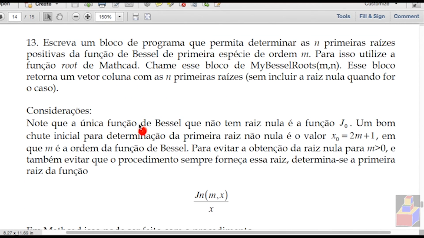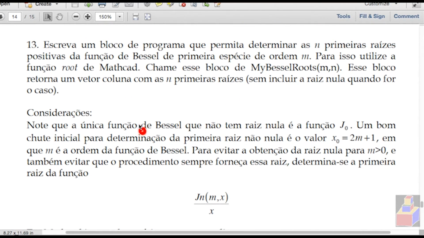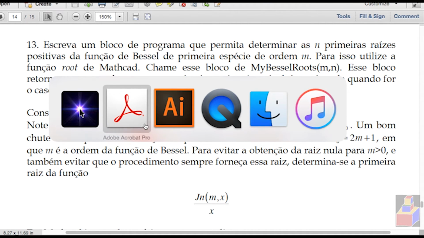And this last part here is important because we want to be able to write orthogonal Bessel functions. And to do that, you have to find the roots of the Bessel function. Each Bessel function of a given order has a different set of roots. You have to find those roots to plug into the argument of the function.